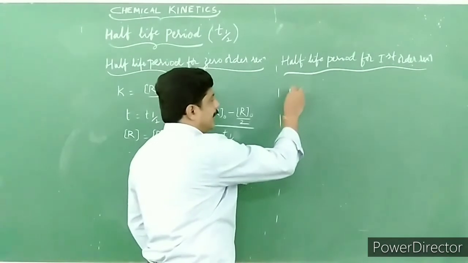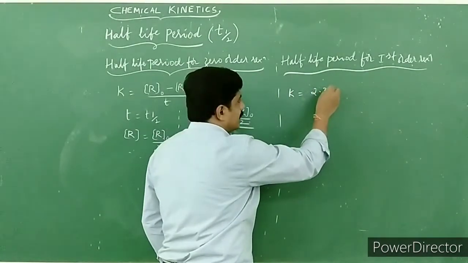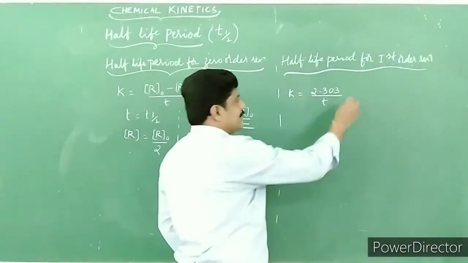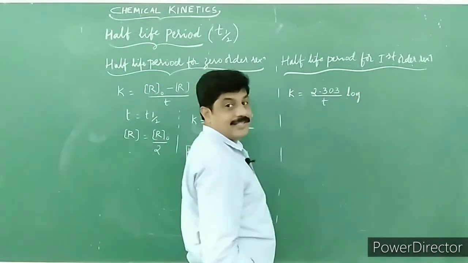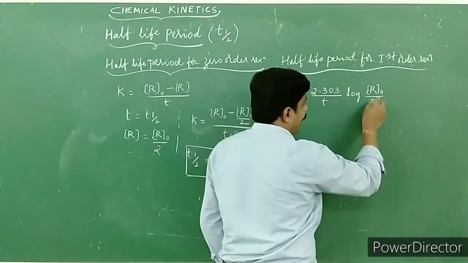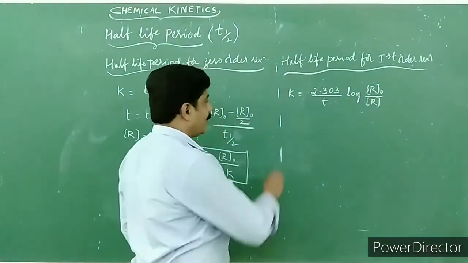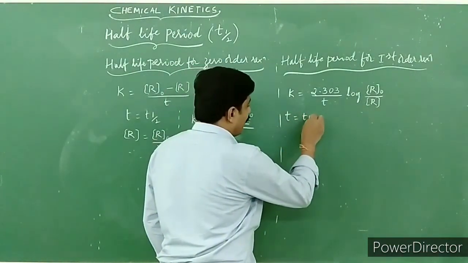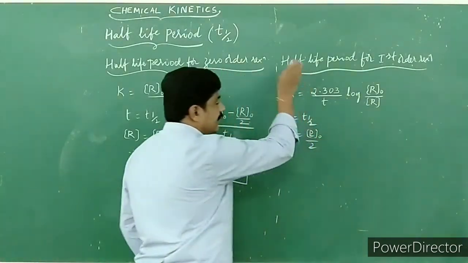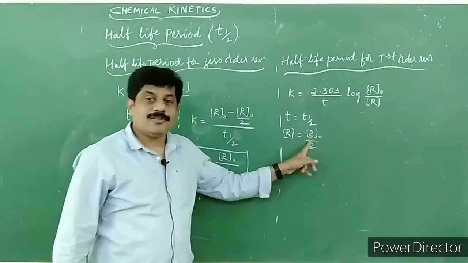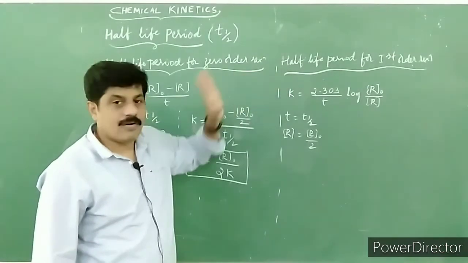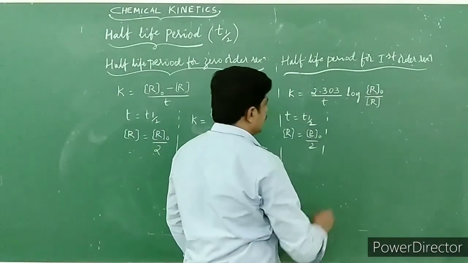Children, look at here. k is equal to 2.303 upon t into log of R naught upon R. So this is what you learnt. Now suppose t is equal to t half, R would be R naught by 2 because we are considering half-life. That means the concentration of the reactant is reduced to half of its initial concentration. That is what is called half-life period.